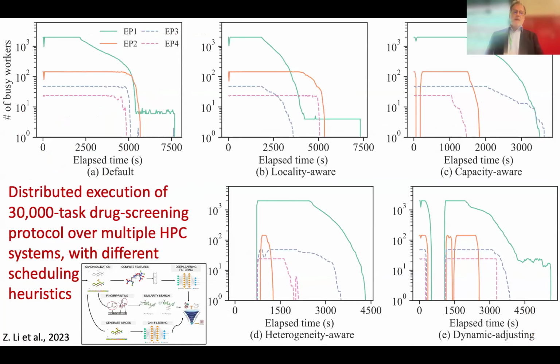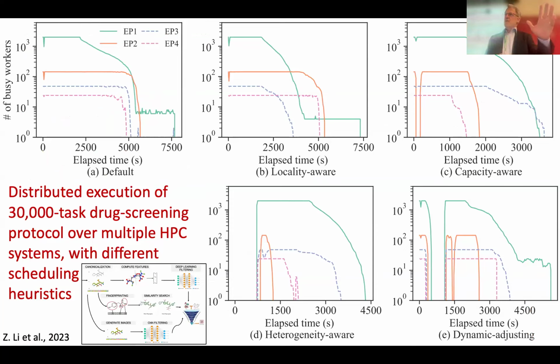You may want to be able to run large distributed computations over many sites. In this case, I show a use case involving drug screening protocols, but large-scale model learning is another one that people are increasingly considering as well.